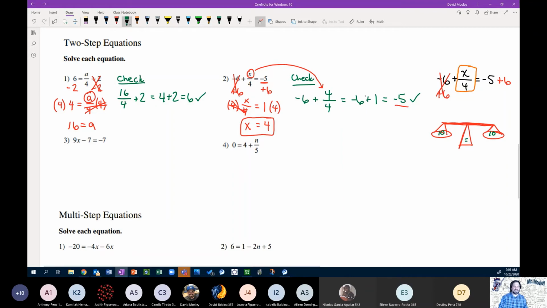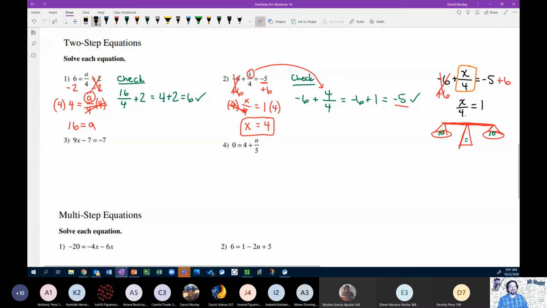Okay, so I add the 6 here. It makes the -6 on the left-hand side go away, and I only have x divided by 4 left on the left-hand side. Negative 5 plus 6 gives me a positive 1.